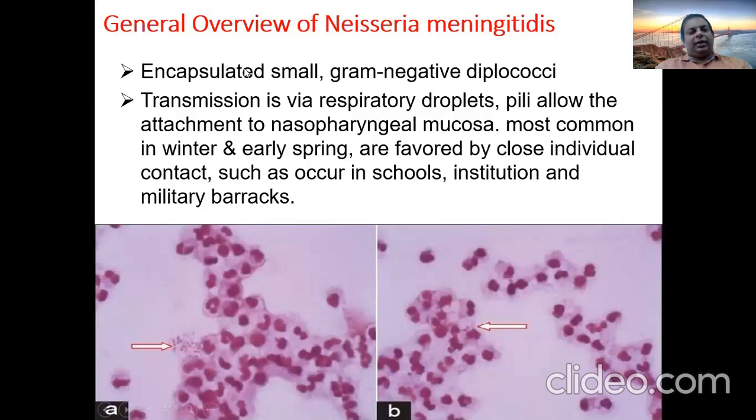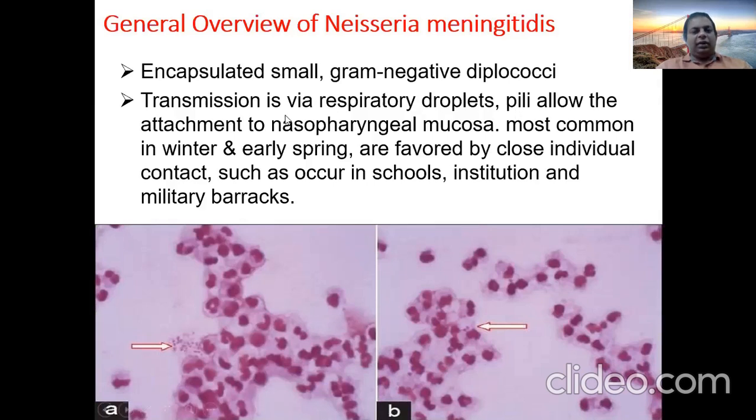It's encapsulated, with a polysaccharide capsule, and it's a gram-negative diplococcus, similar to gonococcus. As I said, it's a common commensal of the upper respiratory tract, the nasopharynx. It's transmitted by respiratory droplets. Those who have these microbes as commensals can spread them to others.